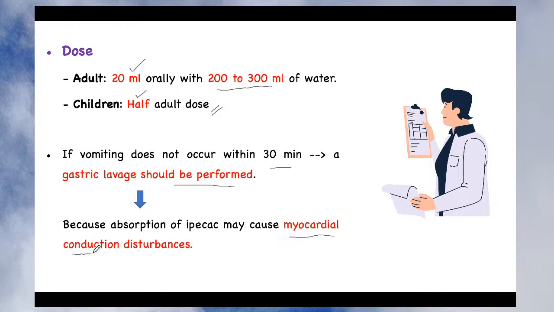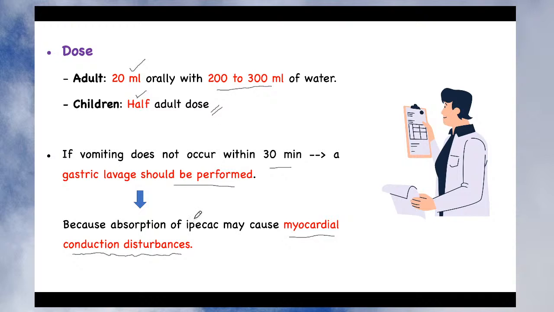Ipecac syrup has an effect on the cardiovascular system. It disturbs the myocardial conduction, that is, firing of the SA node, conduction of impulses from the SA node to the AV node, and then further conduction of the impulses to produce the action of the cardiovascular system. It is disturbed if Ipecac syrup is absorbed into systemic circulation.